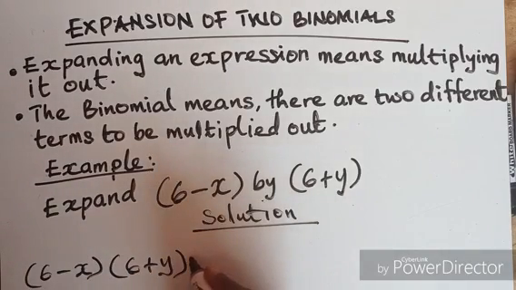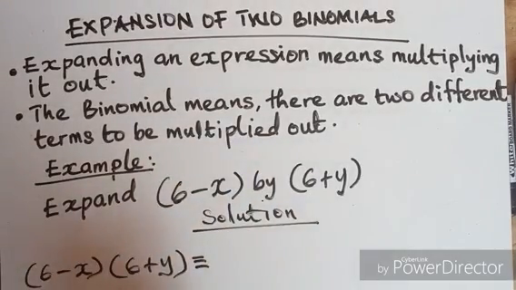In general terms, when you have items to be multiplied like this, it means everything in the first bracket is multiplying out everything here.